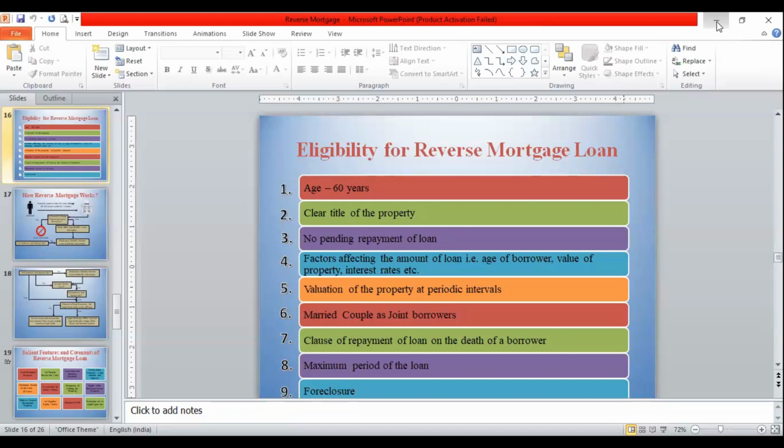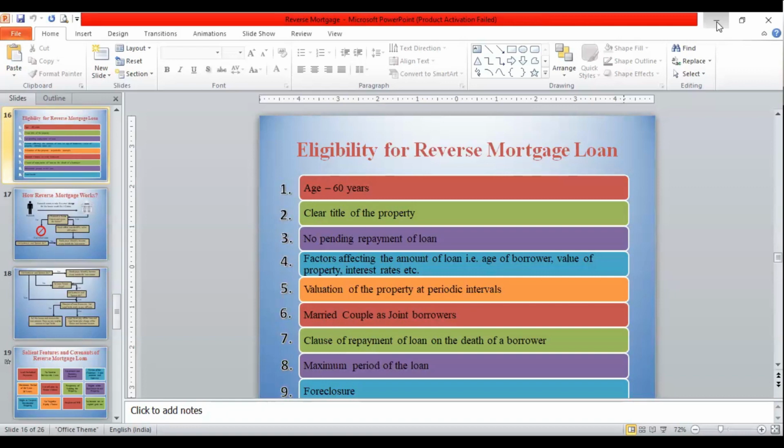The second question which our audience want to know is about the number of risks associated with this reverse mortgage. Is there any risk associated with this reverse mortgage?